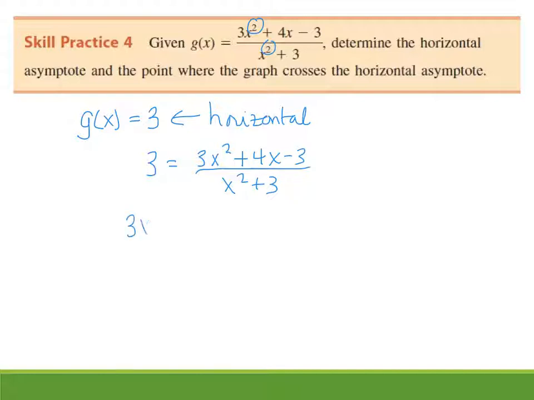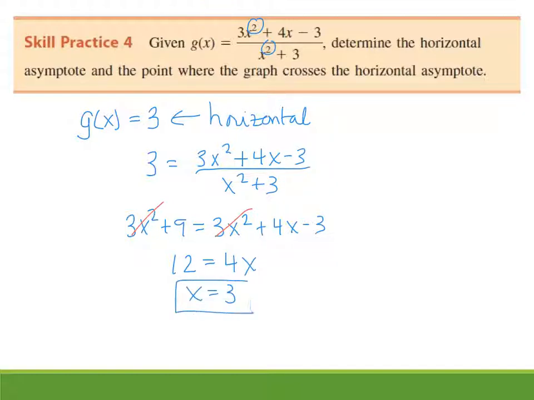We get 3x squared plus 9 is equal to 3x squared plus 4x minus 3. The x squared terms cancel, and we're left with 12 is equal to 4x, so x is equal to 3. So at x equals 3, we cross the horizontal asymptote y equals 3 of this particular function.